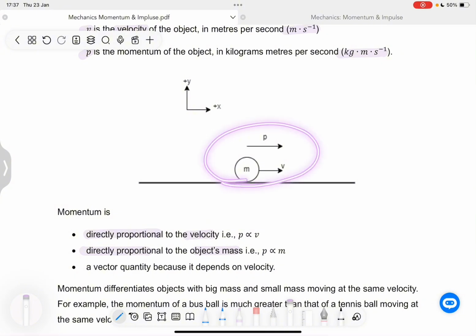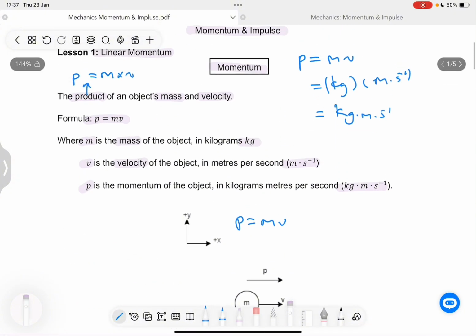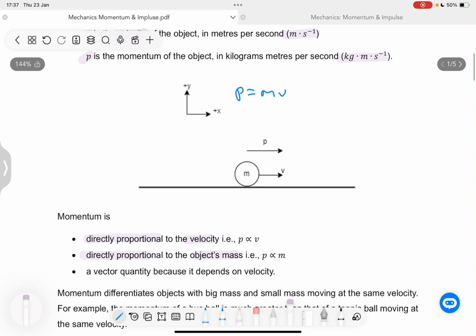When we have a scenario like this, the mass is not allowed to change. In other words, in our formula p is equal to mv as we defined it here, the mass should not change, it's always a constant. The mass of my object will always be a constant. The velocity might increase or decrease, that's fine, but the mass should not change.